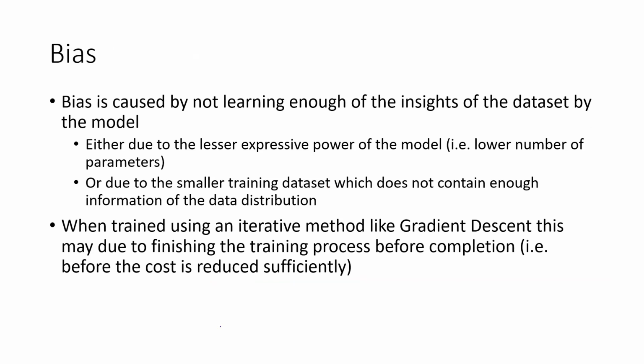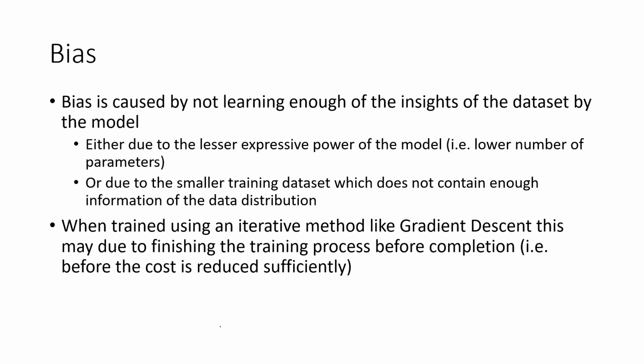So what is bias? We will try to move into the formal definitions now. The bias is caused by the model not learning enough of the insights of the data set.